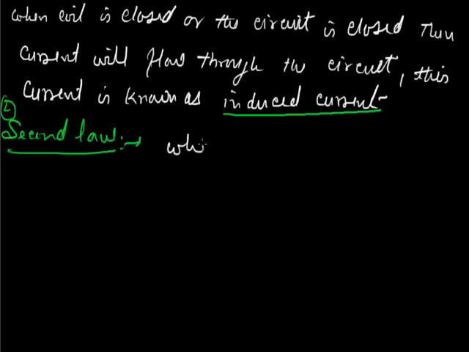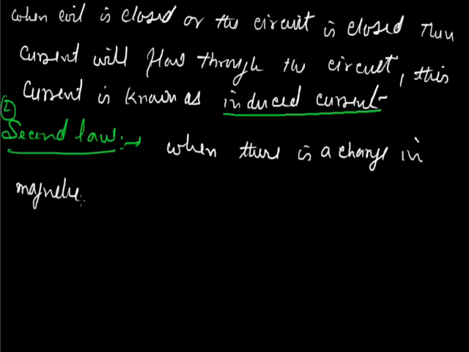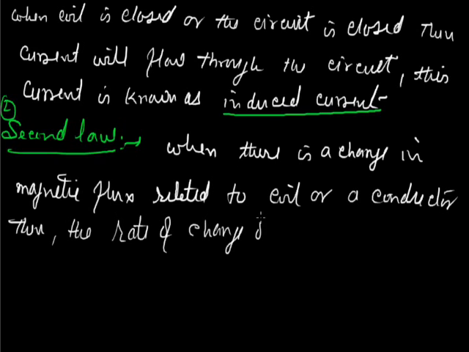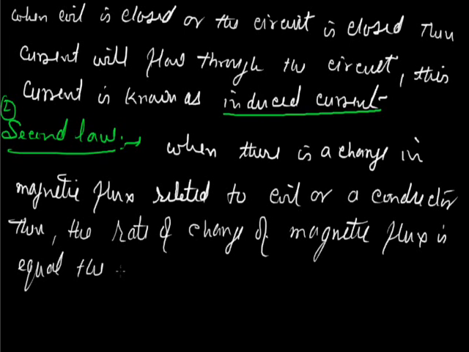When there is a change in magnetic flux related to a coil or a solenoid or a conductor, the rate of change of magnetic flux is equal to the induced EMF produced.